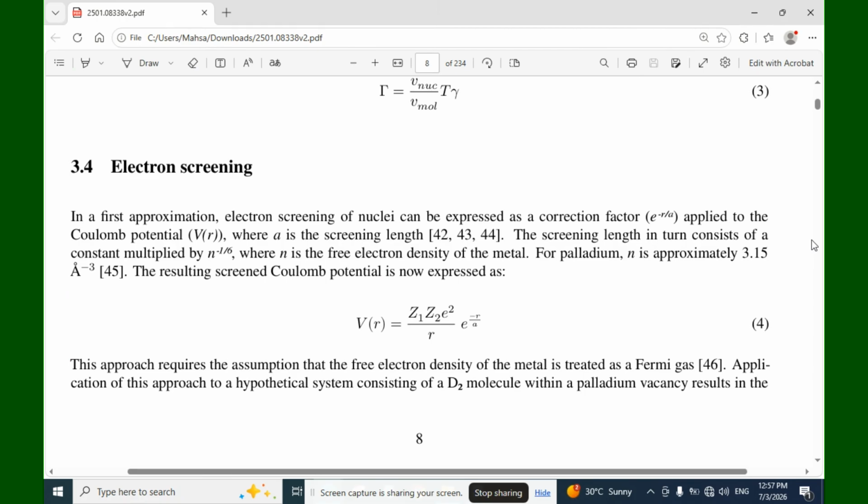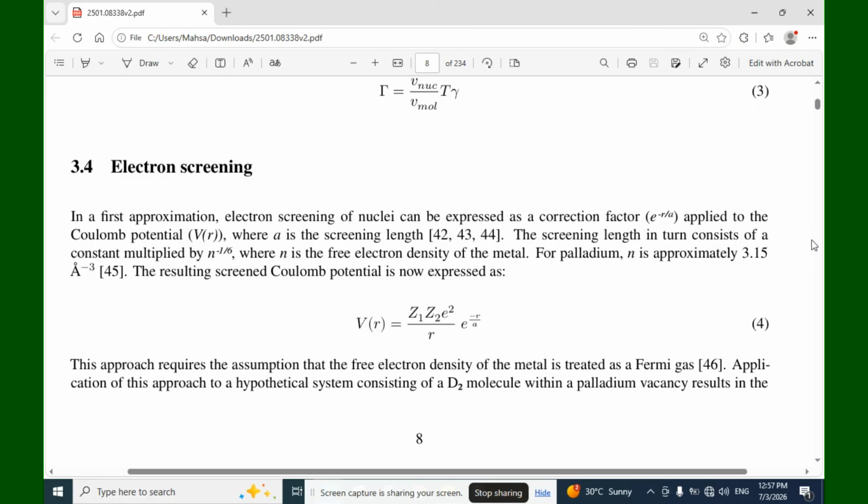For palladium, n is approximately 3.15 to the power of minus 3. The resulting screened Coulomb potential is now expressed as V(r) equal to Z1 Z2 e squared divided by r, times e to the power of minus r divided by R.